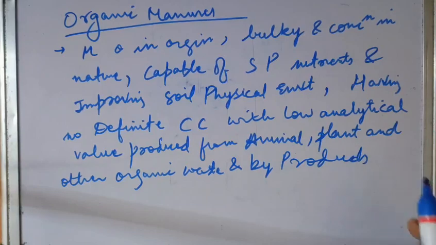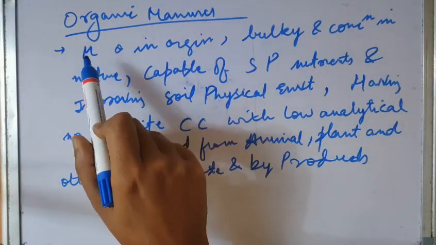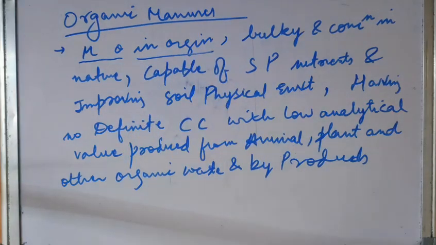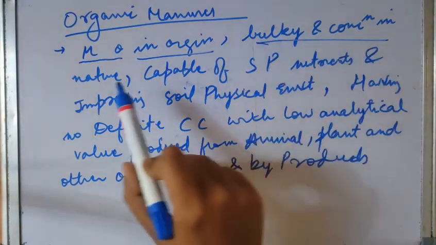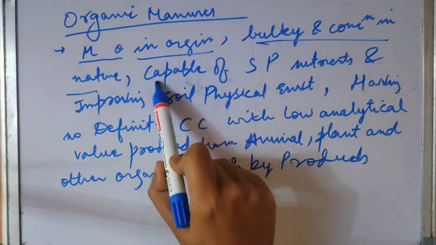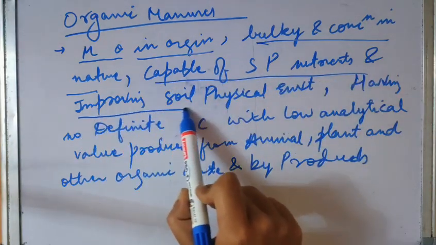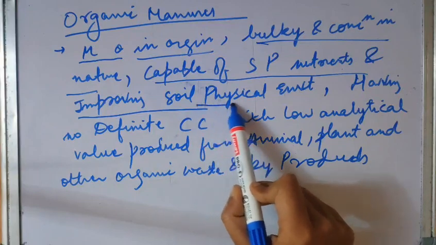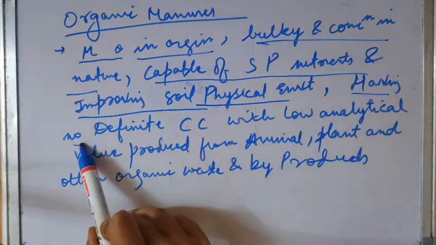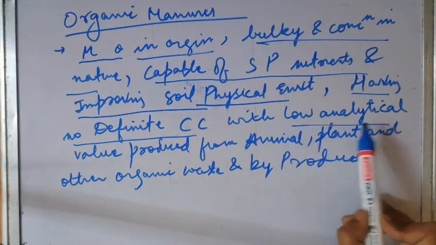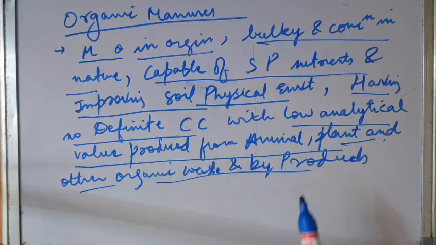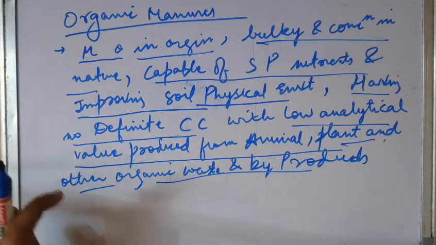So what do you understand by organic manure? They are organic in origin, bulky and concentrated in nature, capable of supplying nutrients to plants and improving soil physical environment, having no definite chemical composition, with low analytical value, produced from animal, plant and other organic waste and byproducts. So this is what organic manure is.